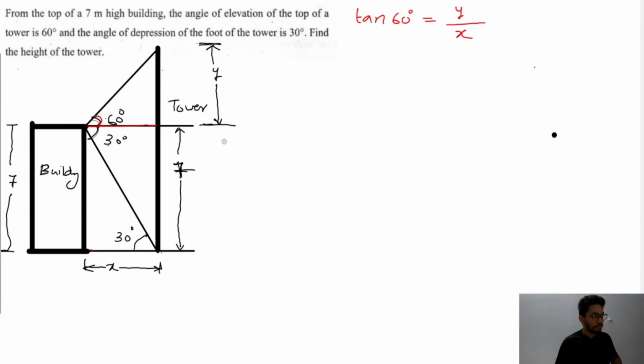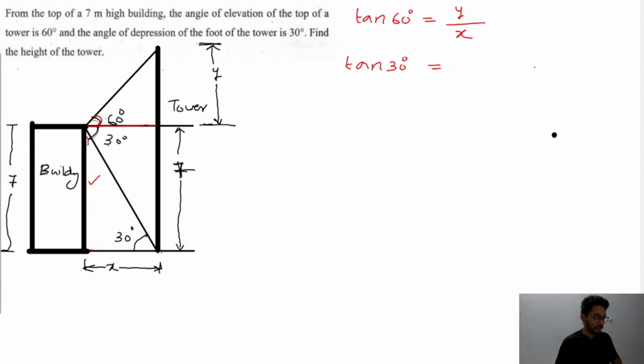So we're going to take another triangle, which doesn't have two unknown values. Let me take tan 30 degrees here. Tan 30 is opposite side by adjacent side.